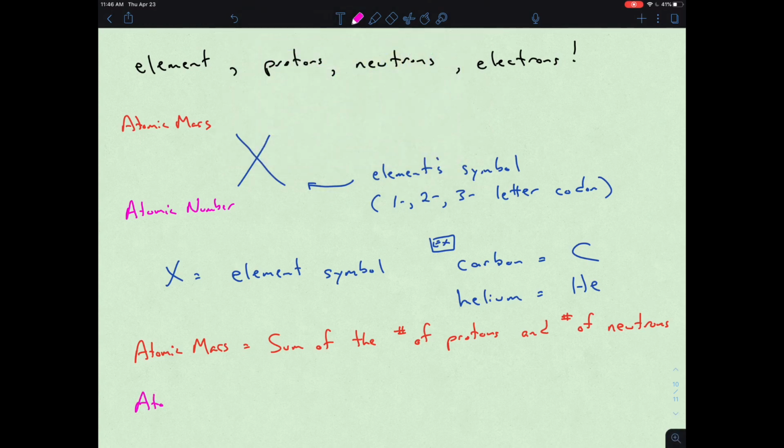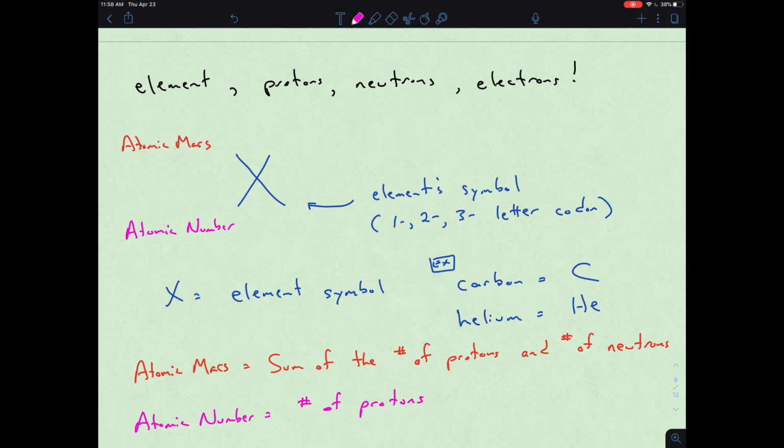And then our atomic number is equal to the number of protons. Crucial with the atomic number is that this is what identifies the element.